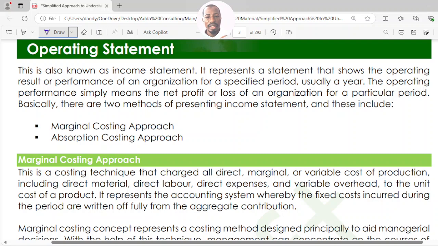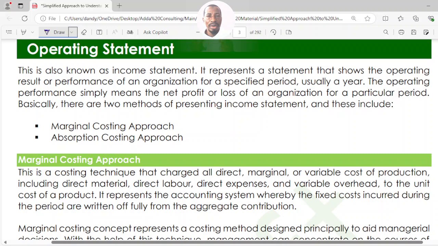So the income statement represents the statement that shows the operating performance of an organization for a specified period, usually a year. Just like you have the income statement, profit or loss account in financial reporting. For management reporting purposes, the operating statement shows the operating performance of an organization for a particular period.